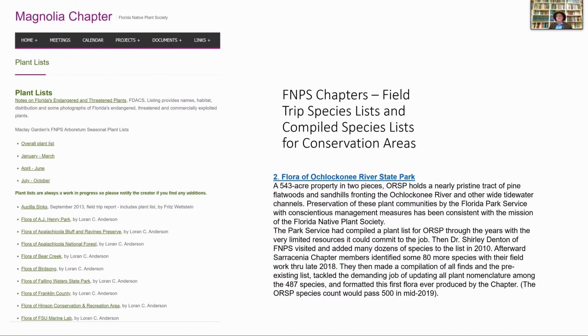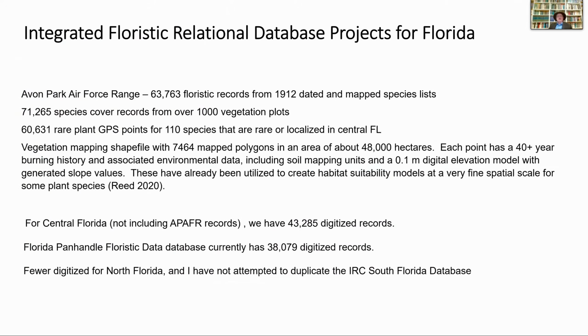We know there are many more of these out there, and we want to get them all as part of the project that we're doing for the statewide assessment of the flora. And I have a few databases that are going into this that represent a few 100,000 records over various time periods and spatial extents, but certainly by no means nearly enough to be the floristic composition of the state yet.